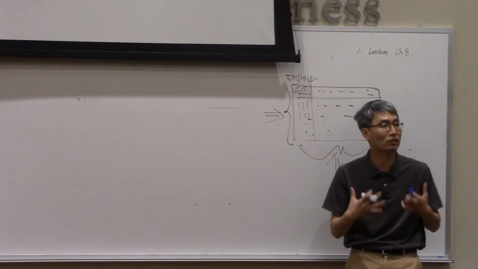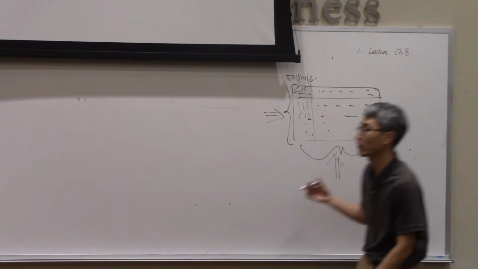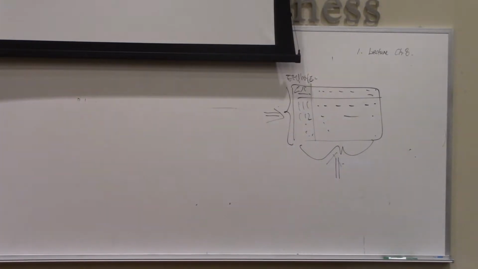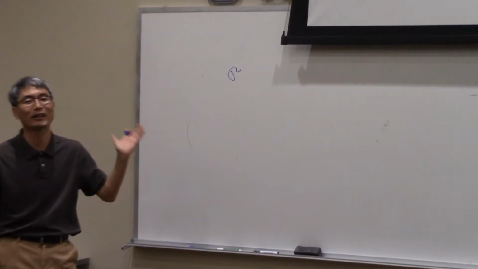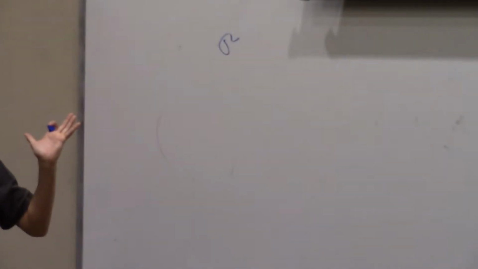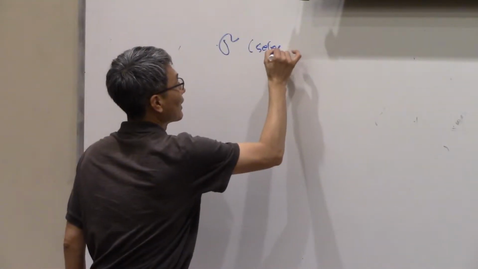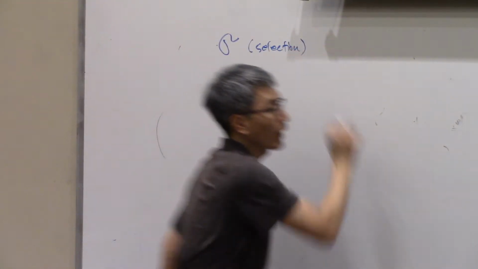So we are interested in accessing such data. To do that, we need the first operation. What is this? It's a Greek letter, sigma, the small letter sigma. It's the selection operation. Selection means we select the data this way.